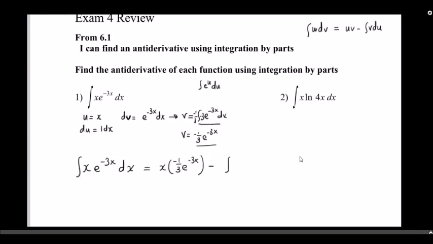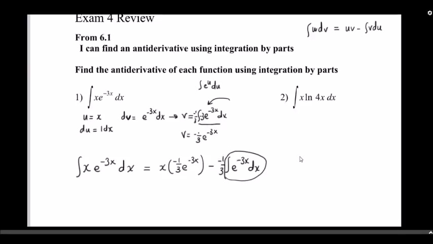So that's this expression. Now since it has a coefficient, the negative 1/3, I'm going to write that in front. And then e, so there's v times du. Du is just 1 dx. And the only part left to simplify in this problem is this, which we have actually already done right here. We already did that problem.